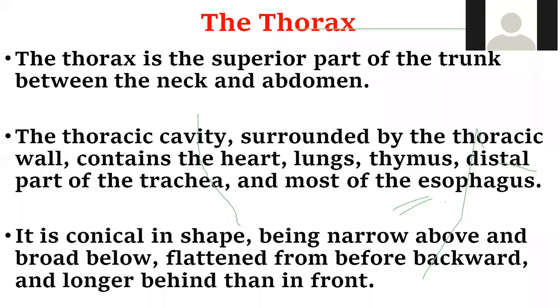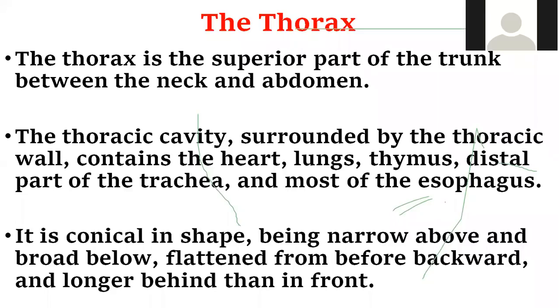Now, the thoracic cavity is surrounded by important structures like the heart, the lungs, the thymus, the distal part of the trachea, and most of the esophagus. They are contained within the thoracic cavity. I want you to agree with me that it's a very important cavity that we must take cognizance of as nurses.